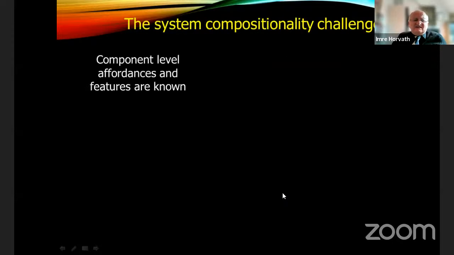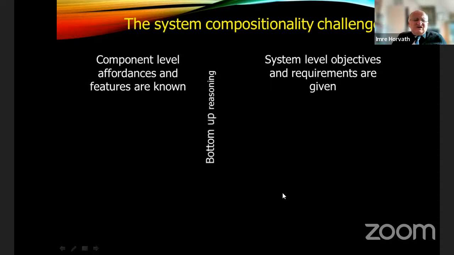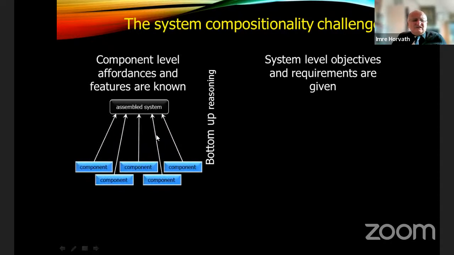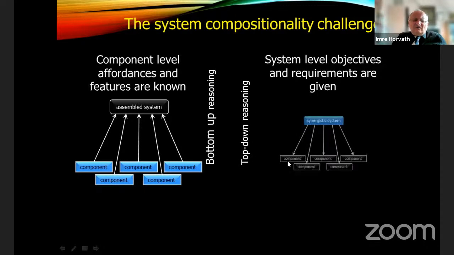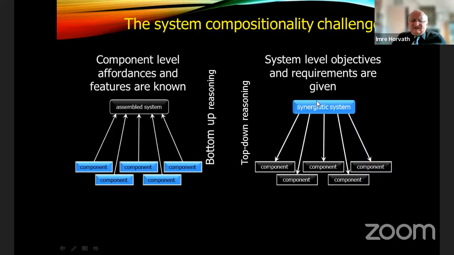So we have a system compositionality challenge, which is opposing the component level composition of the systems that I mentioned. Component level system architecting implies a bottom-up reasoning, while the compositional type of system developing implies a kind of top-down reasoning. So everything should be derived from the synergistic system.